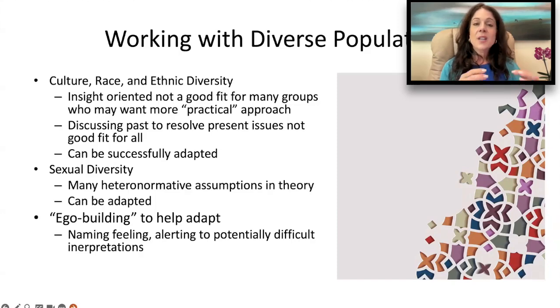So you say, are you okay if I share a perspective that might help you understand what might be going on with you? You're asking permission, alerting them that this perspective might not sit right, and being able to name those things, to talk about the process of what's going on in therapy, to help work with diverse clients who may find talking about all this stuff from the past to resolve issues in the present a very foreign concept. Okay.